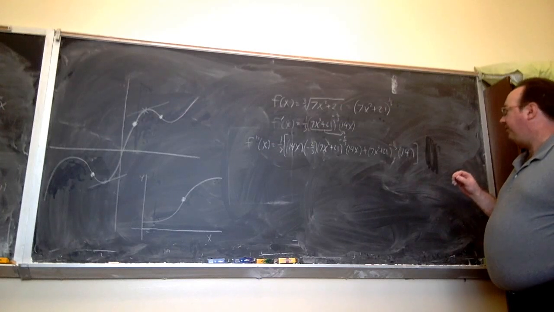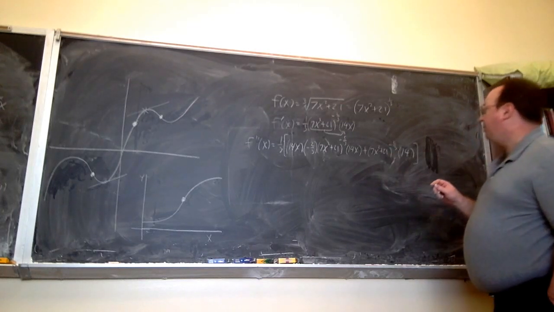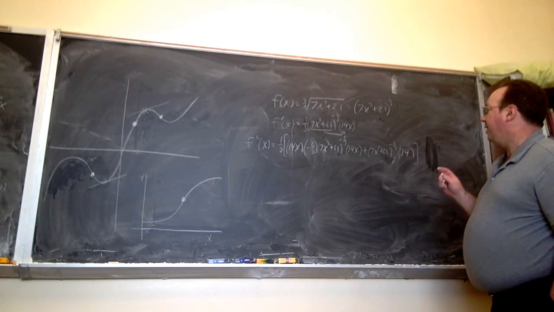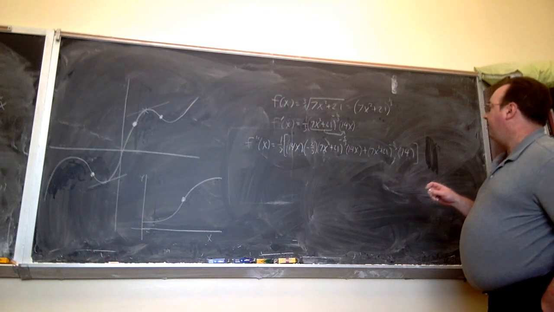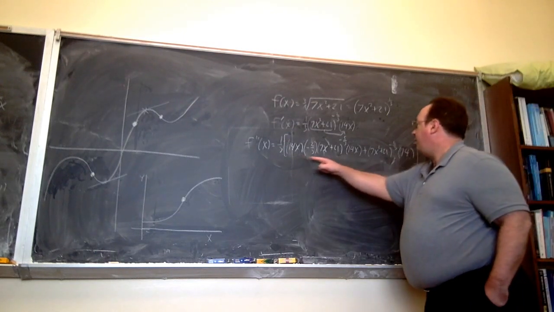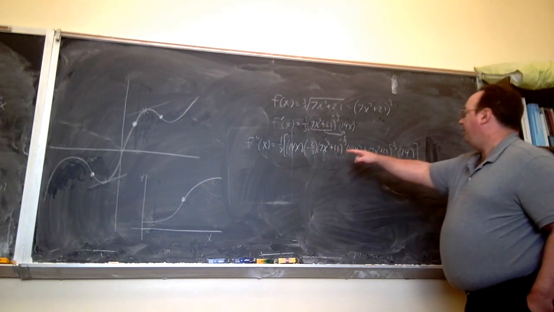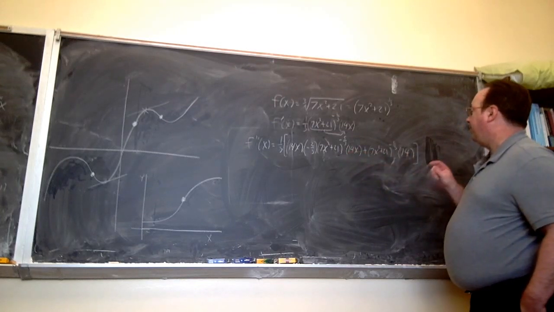equal to 0. One thing that will help is if I can factor out as much as possible. I have a 14 in each term, so I can factor that out.